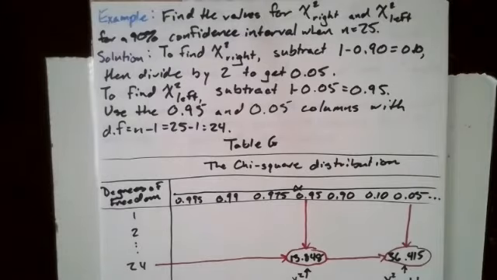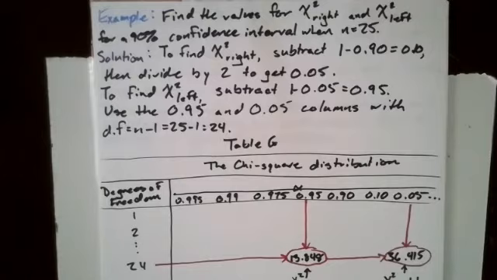An example: find the values for chi-square right and chi-square left for a 90% confidence interval when n equals 25. To find chi-square right, we subtract 1 minus 0.90, which equals 0.10, and then divide by 2 to get 0.05. To find chi-square left, we subtract 1 minus 0.05 equals 0.95.